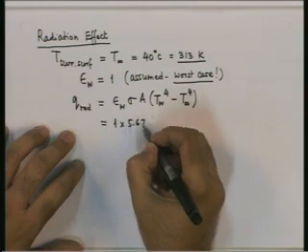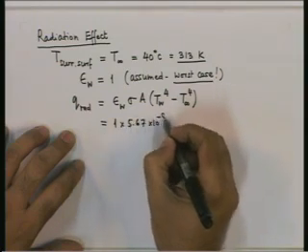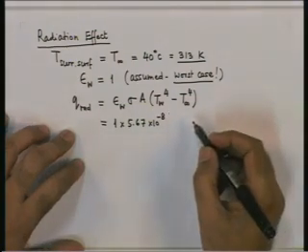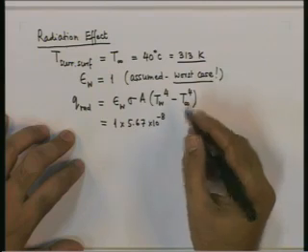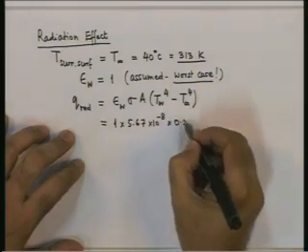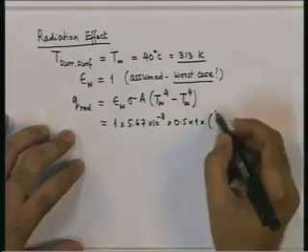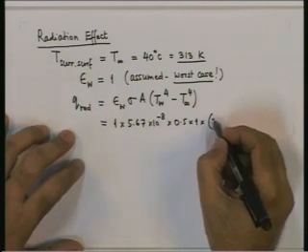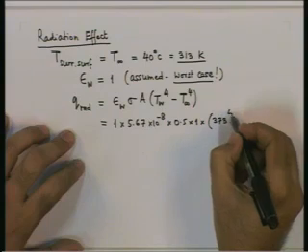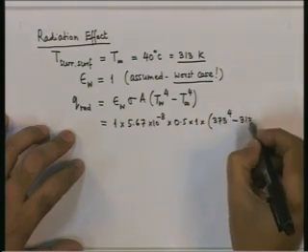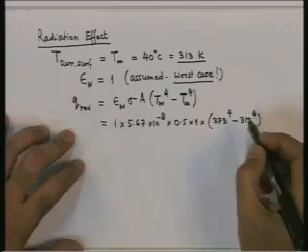This is 5.67 into 10 raised to minus 8 watt per meter squared Kelvin raised to 4. Area is 0.5 into 1. Temperature of the wall 100 degrees C, 373 Kelvin raised to 4 minus 313 Kelvin raised to 4. And this gives us the heat transfer by radiation to be 276.7 watts.